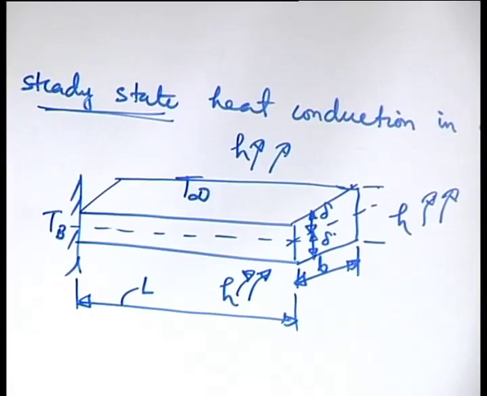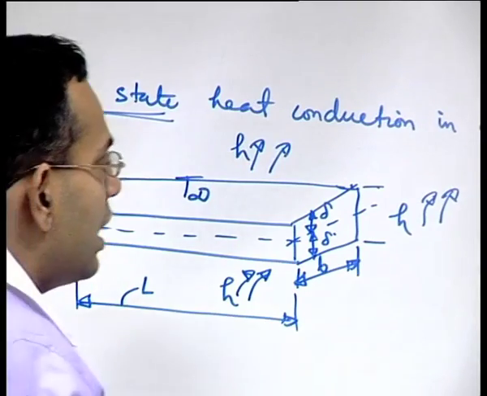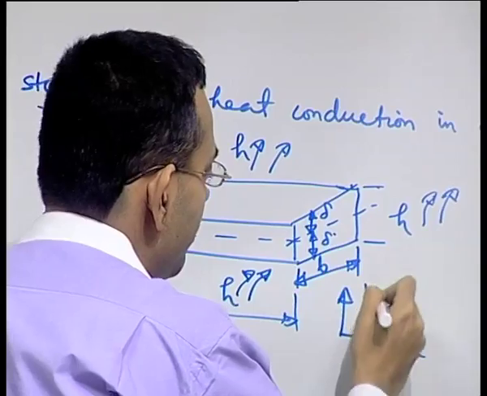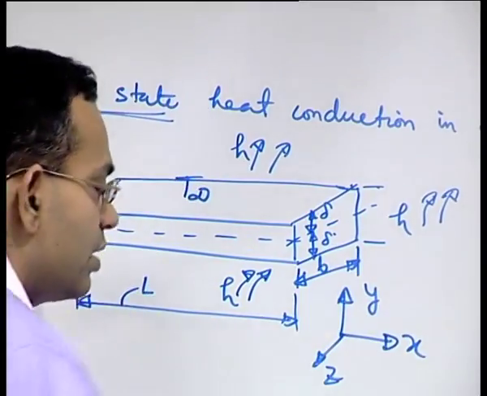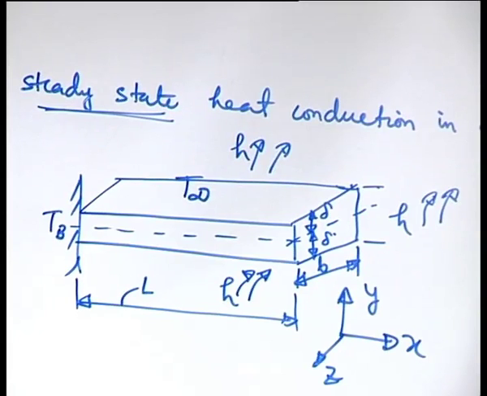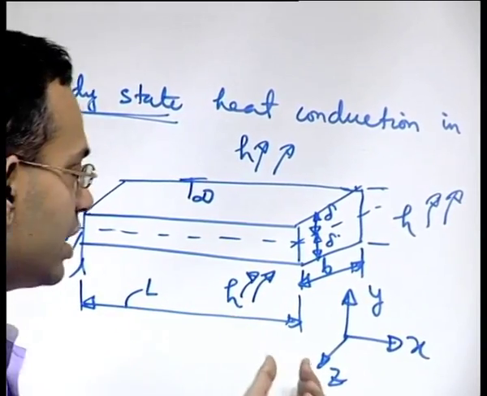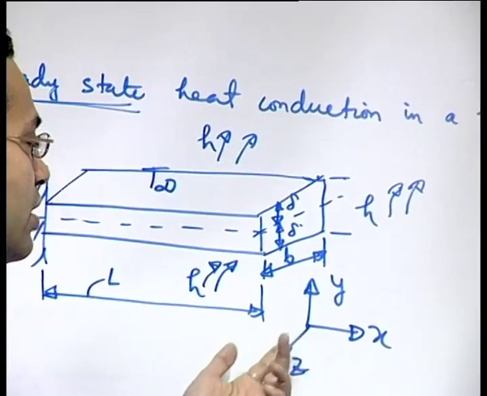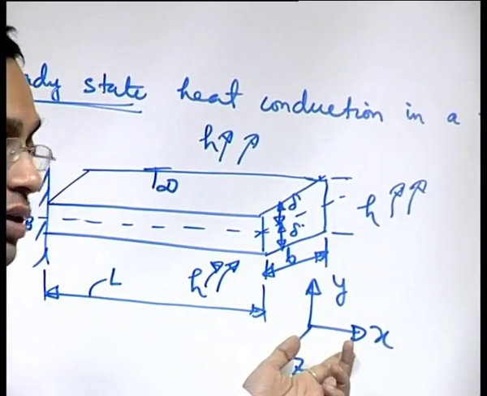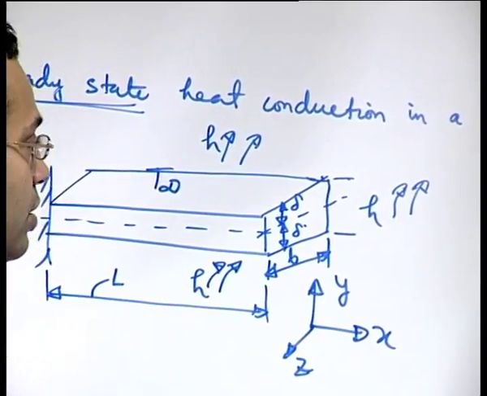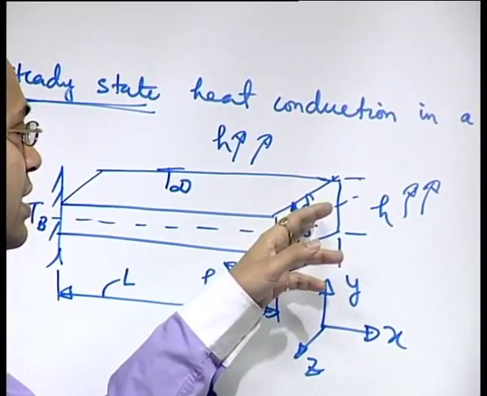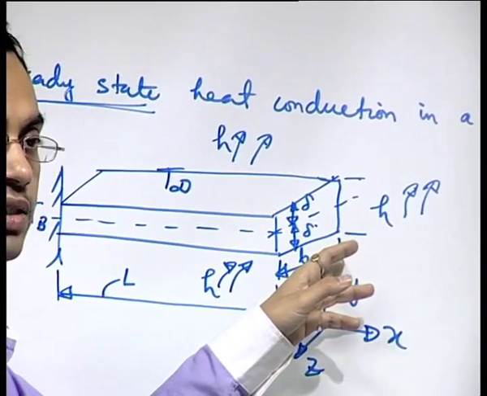So if you say that you are interested in analyzing a heat transfer, let us say x is this direction, y is the perpendicular direction and z is the direction perpendicular to the plane of this board, then which direction will be important for the temperature gradient analysis, y or z? X definitely yes, but out of y and z. So in the y direction you have the thickness delta much less than the z direction thickness.